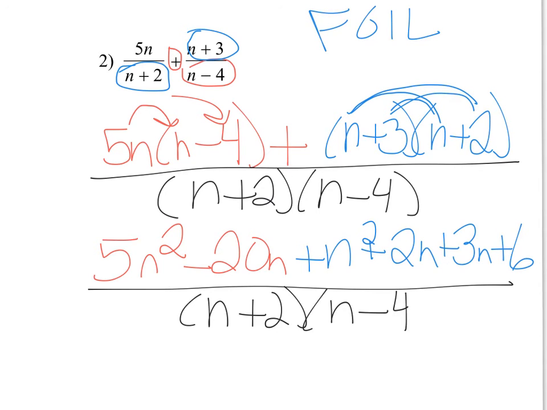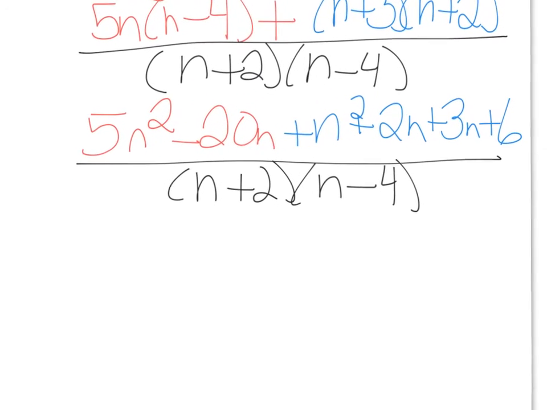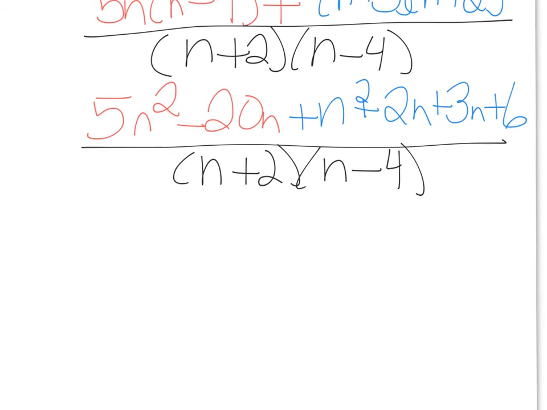Nothing's changing. I don't need to FOIL the denominator. It's actually preferred that you don't FOIL the denominator. And then you're just combining like terms. That's all it is. So we're going to take 5n squared with our 1n squared and get 6n squared.